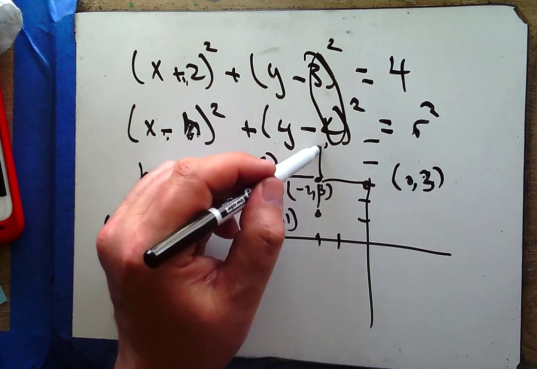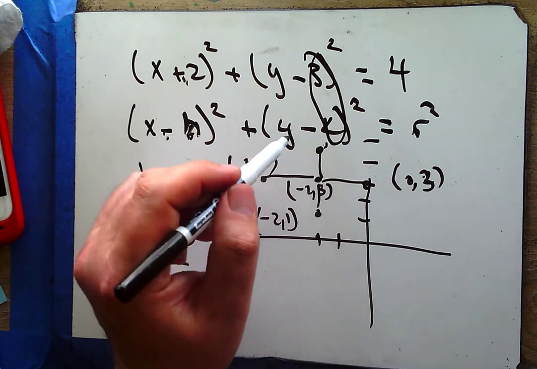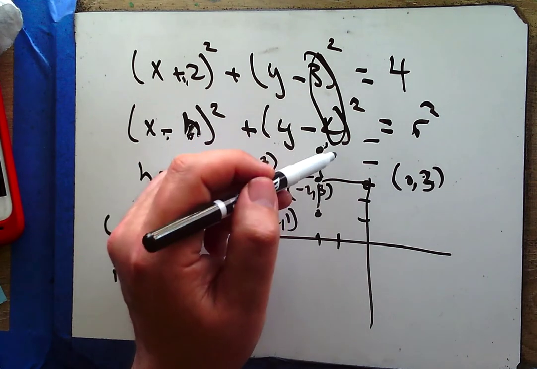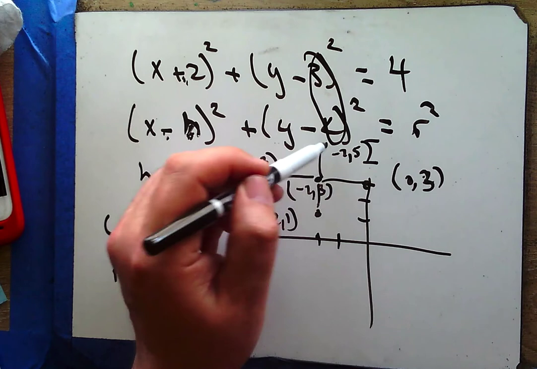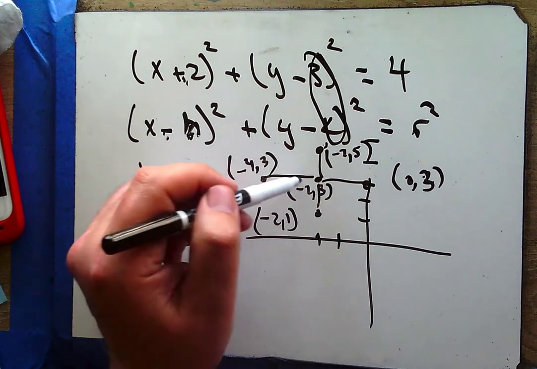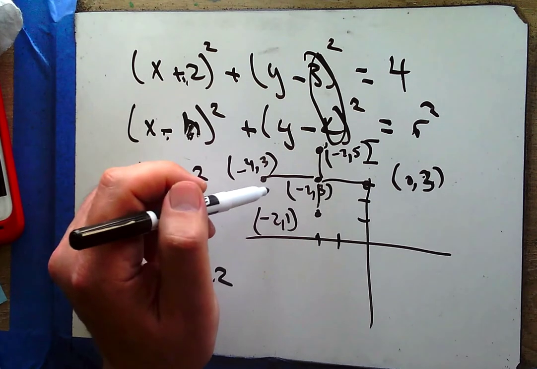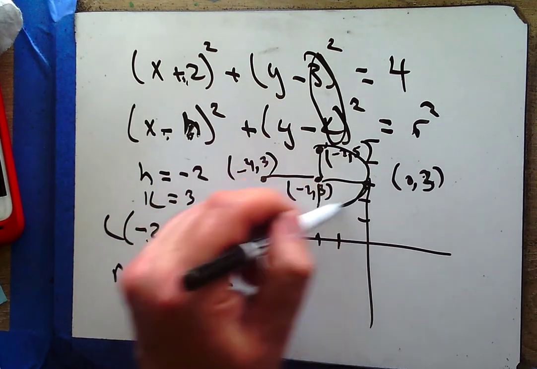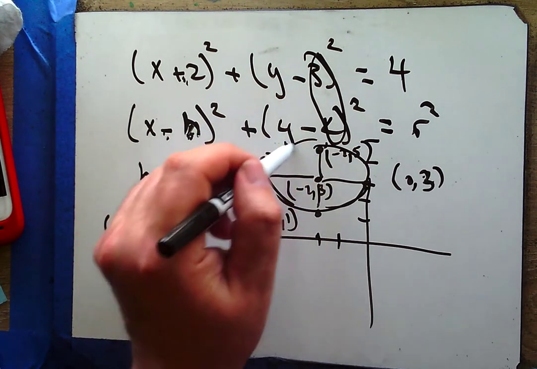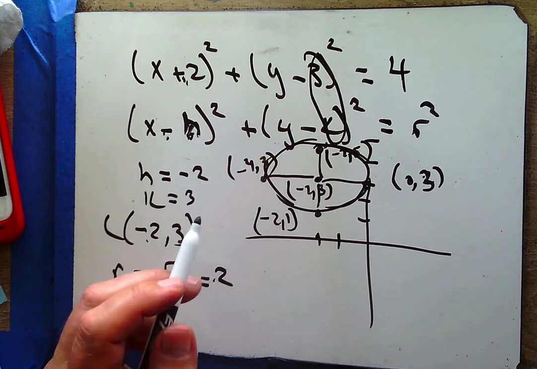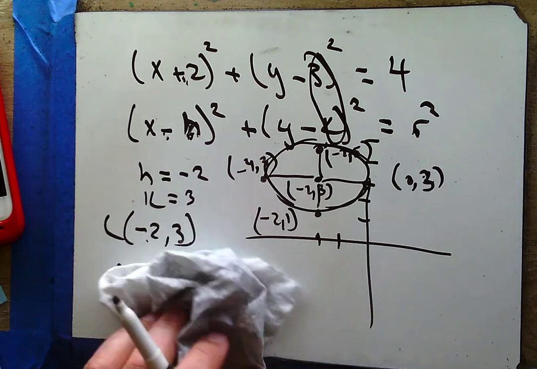And I'm going to go up 2. And if I go up 2, I get negative 2, 5. Yeah, that looks good. Well, I mean, it looks kind of Arnold football head kind of good, but it's fine for us.